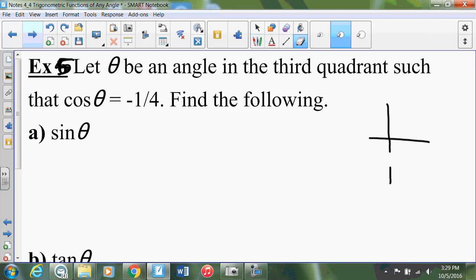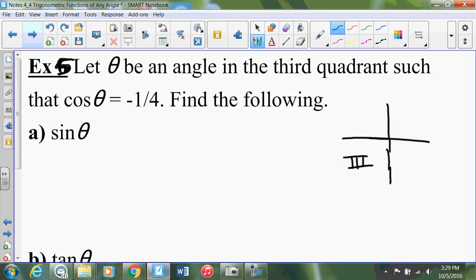X is very much negative in the third quadrant. Okay, let's try that again. Cosine's negative, secant's negative. Sine is negative, cosecant's negative. And because tan is sine over cosine, negative over negative is a positive, that also means cotangent is positive. So let's keep that in mind.